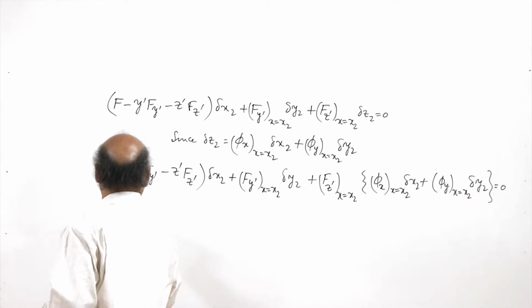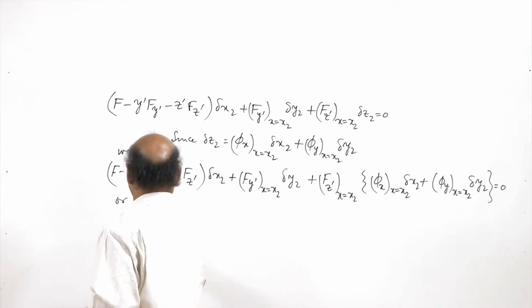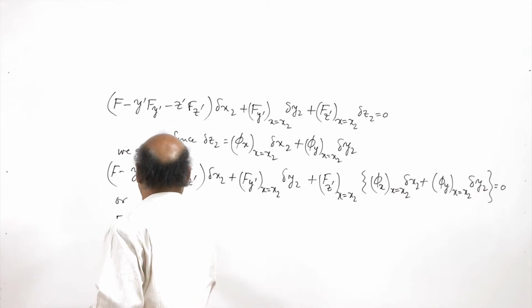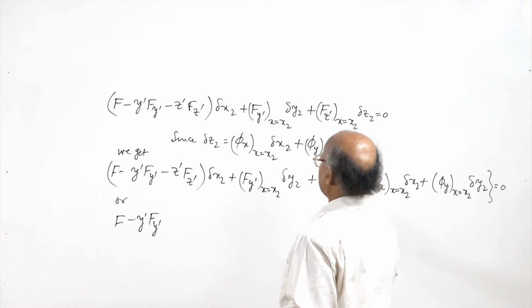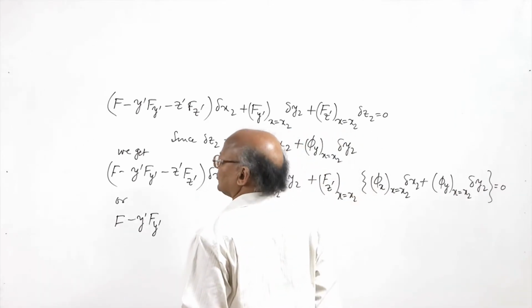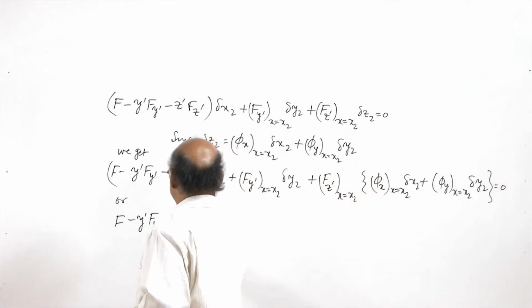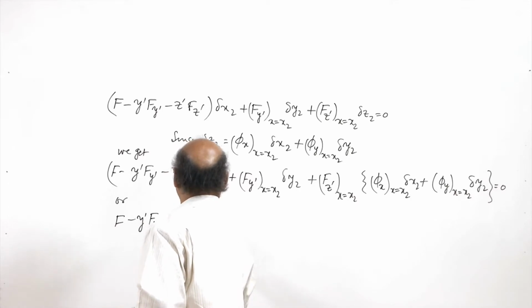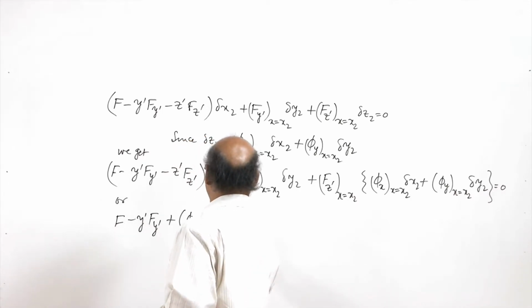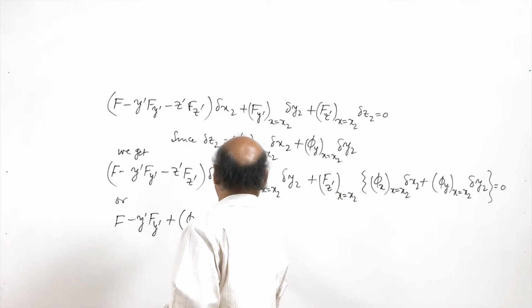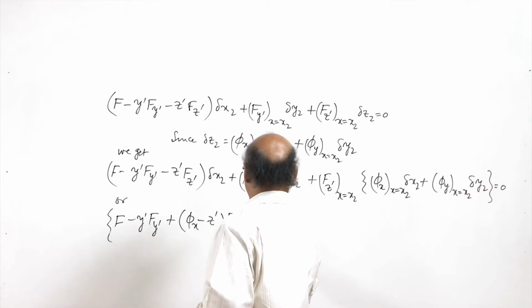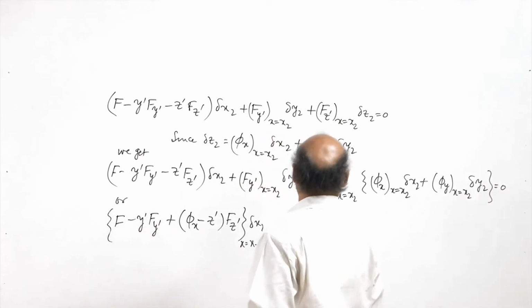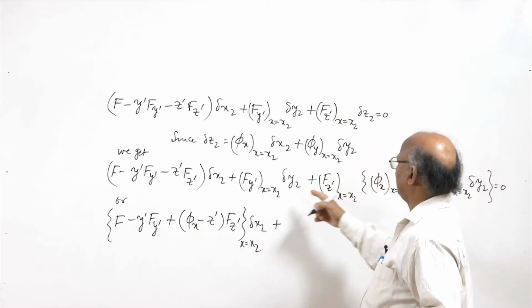f minus y dash, f y dash delta x2, it can be combined with this term here. So, we can write phi x minus z dash f z dash into delta x2 at x equal to x2, plus, and this term can be combined with the term here.